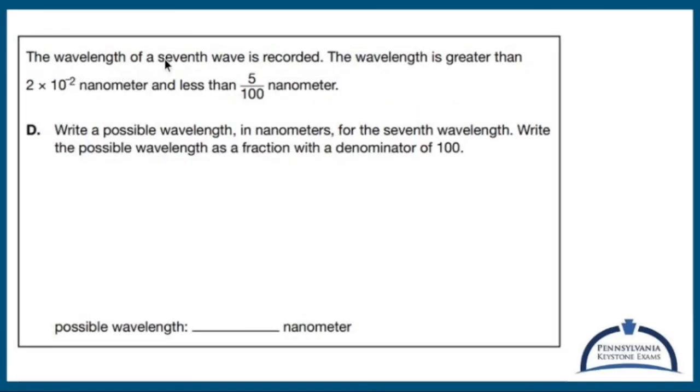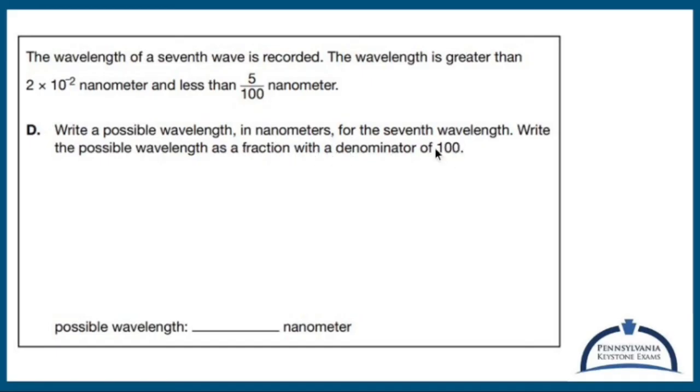The wavelength of a 7th wave is recorded. The wavelength is greater than 2 times 10 to the negative second and less than 5/100ths of a nanometer. Okay, write a possible wavelength in nanometers for the 7th wavelength. Write the possible wavelength as a fraction with the denominator 100.